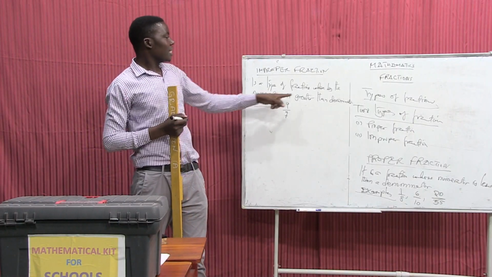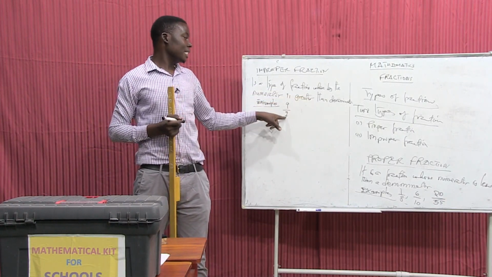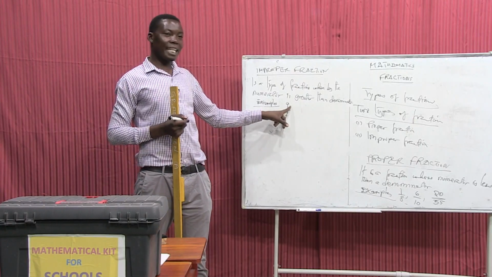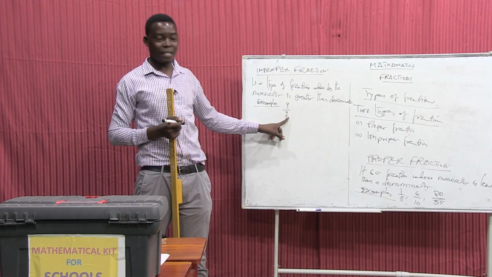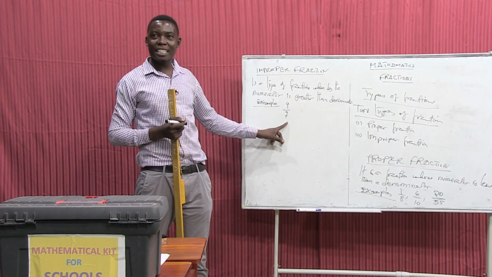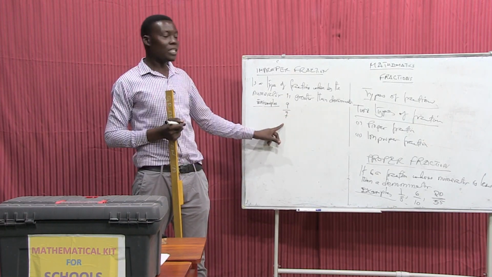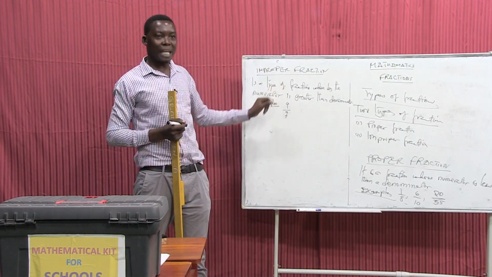Because the numerator is greater than the denominator. Are we together? Is 9 greater than 7? Yes, 9 is greater than 7. So that's why this one is an improper fraction.